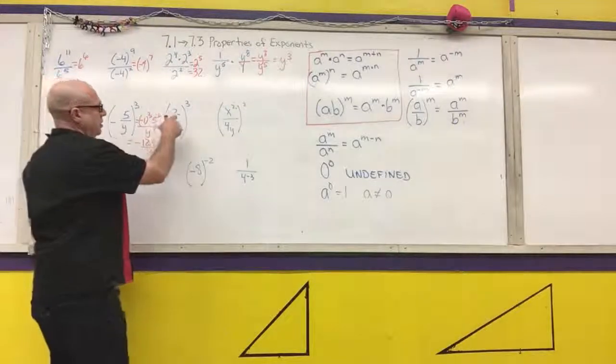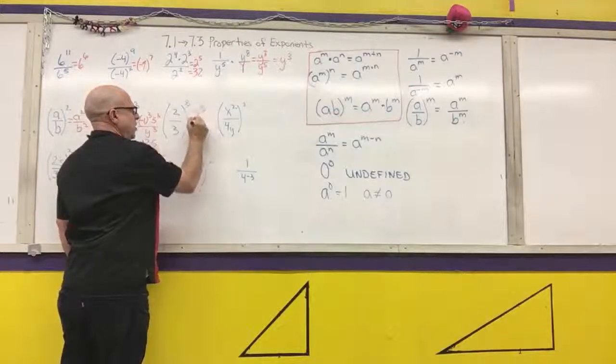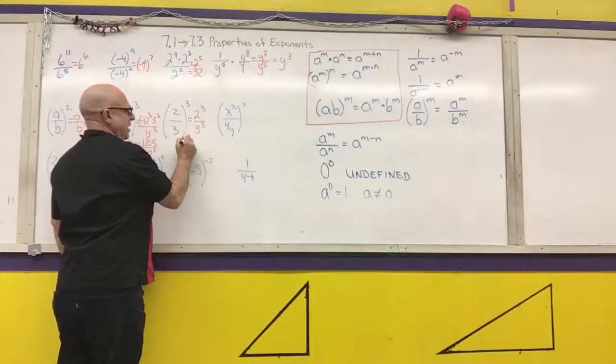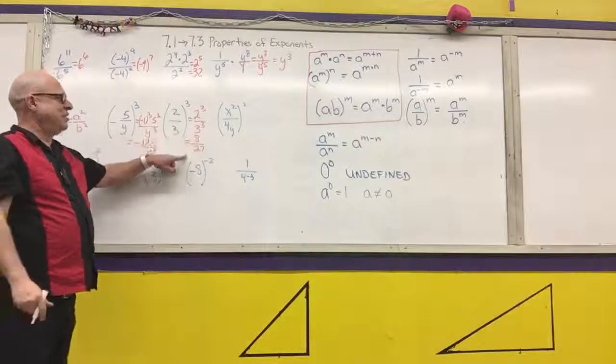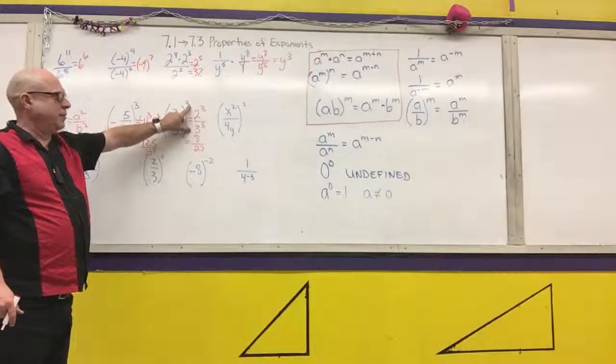The next one is 2/3 cubed, which would end up being 2 cubed over 3 cubed. 2 cubed we have memorized as 8. 3 cubed should be memorized as 27. If you do not have these memorized, at least write this step out so I can give you partial credit on a problem.